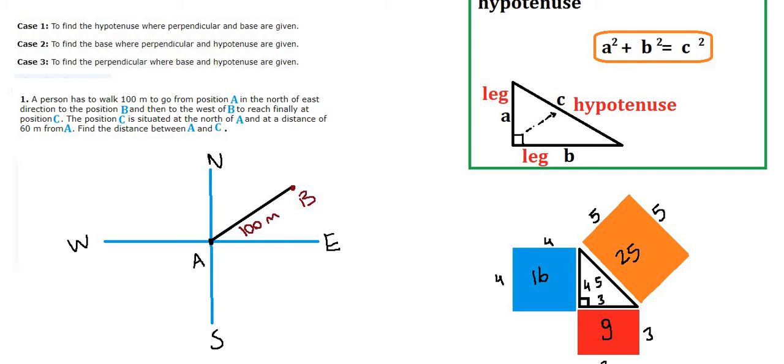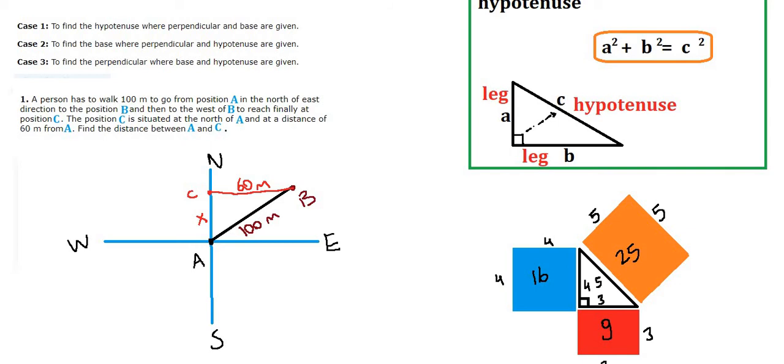Then the person is turning to the west and walking until he's coming north of A, and this is point C. And he walks here 60 meters. We were told to find the distance between A and C.